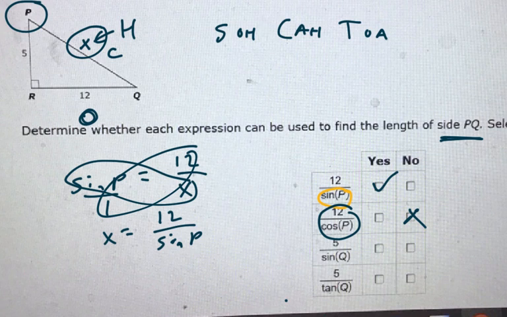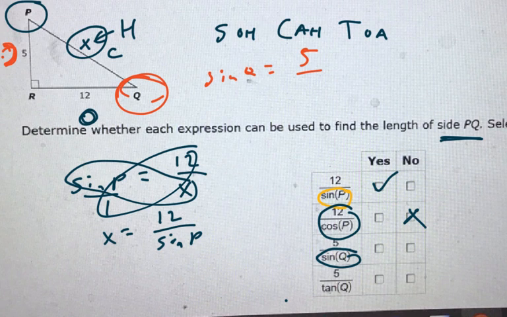Okay? The next one's talking about the sine of Q. Well, Q is down here, guys. So the sine of Q is its opposite, which is 5 over the hypotenuse x.